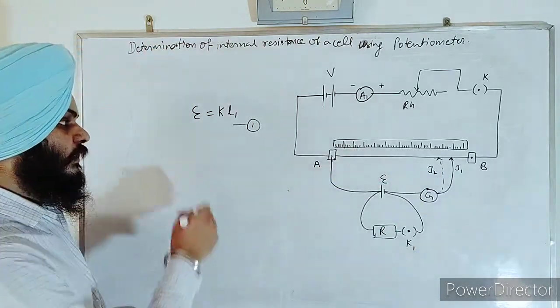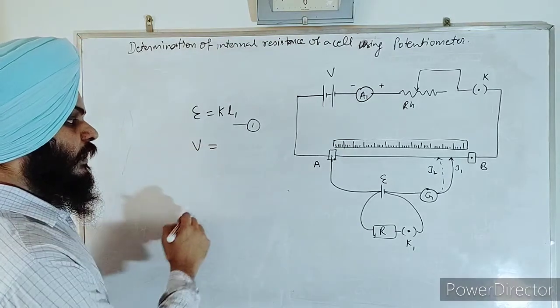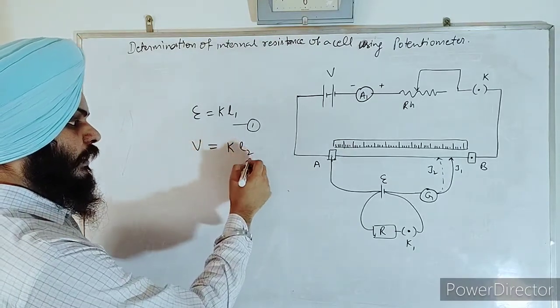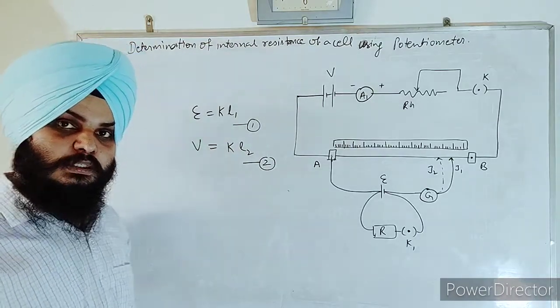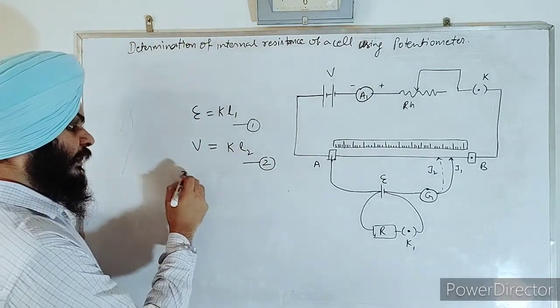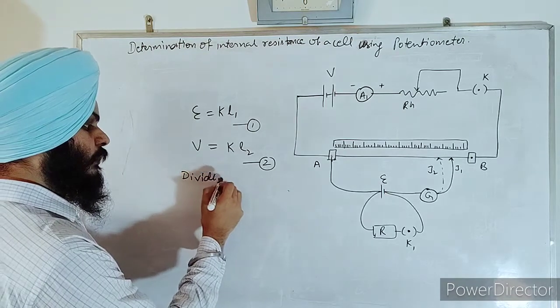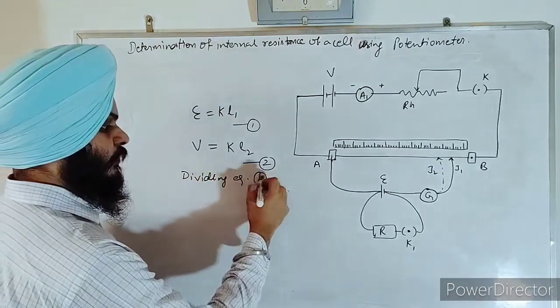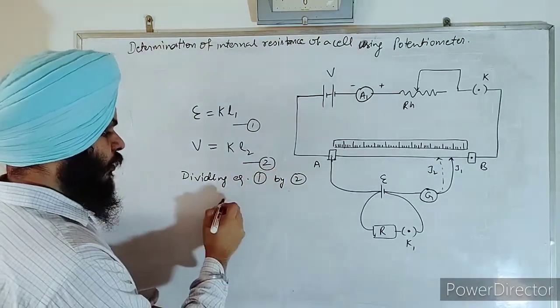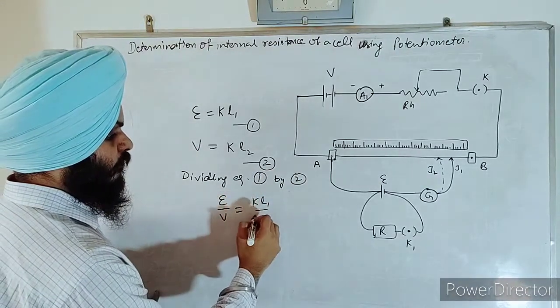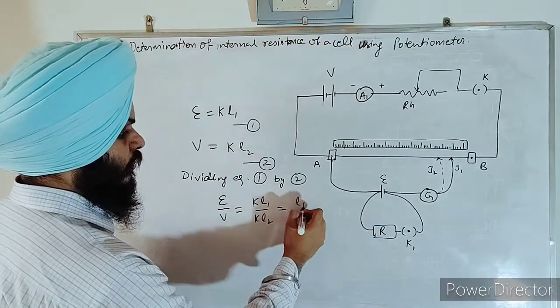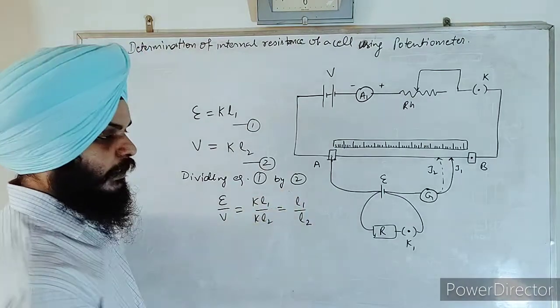So we get the terminal potential difference as KL2, and dividing equation 1 by 2, we get E by V is equal to KL1 by KL2, which is equal to L1 by L2.